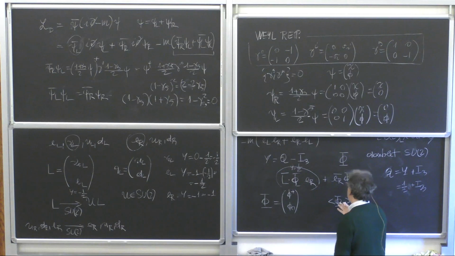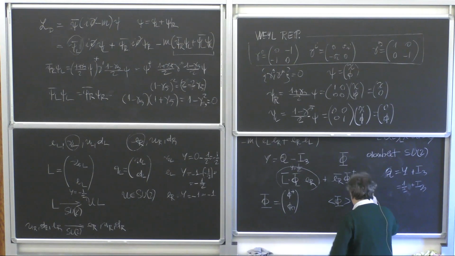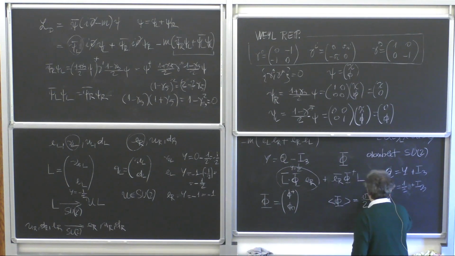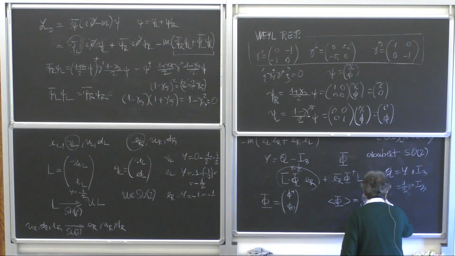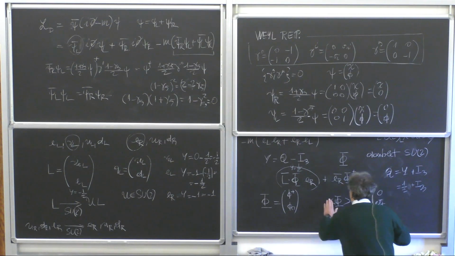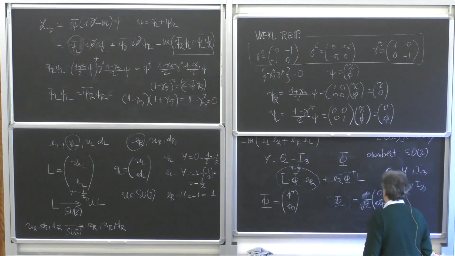So the expectation value of this field is not 0. Okay, let's write it like this: 1 over square root of 2, (0, v plus the Higgs field).